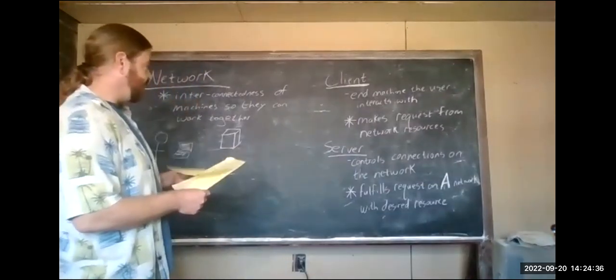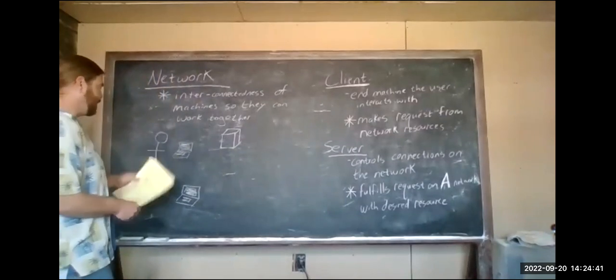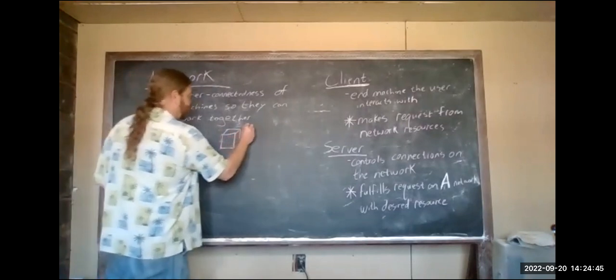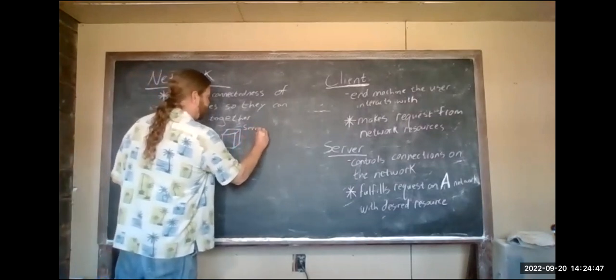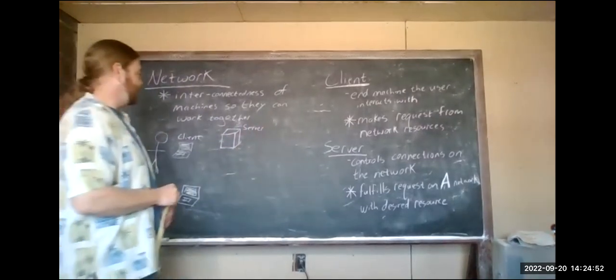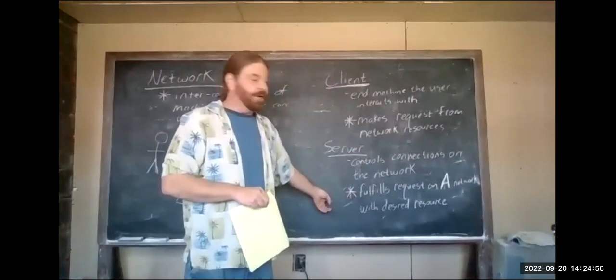Then we need a couple other ways to tie the things together, and I'm running out of room on my board here, so I'll put some labels. Here's our client and our server, but there's nothing in here about knowing the rest of the network, right?